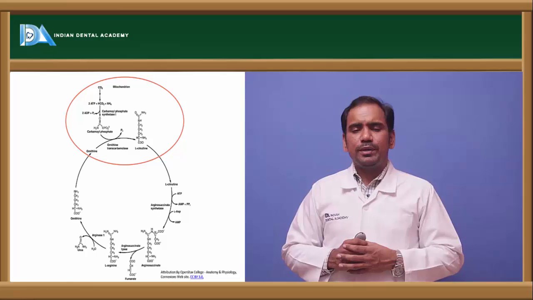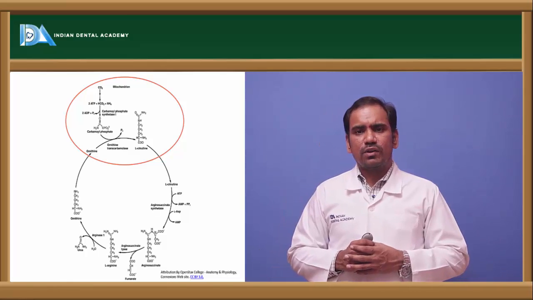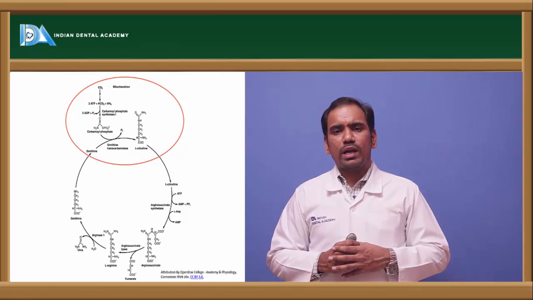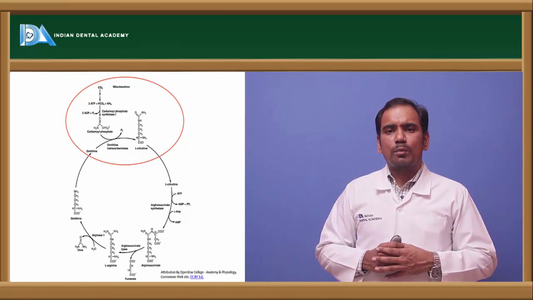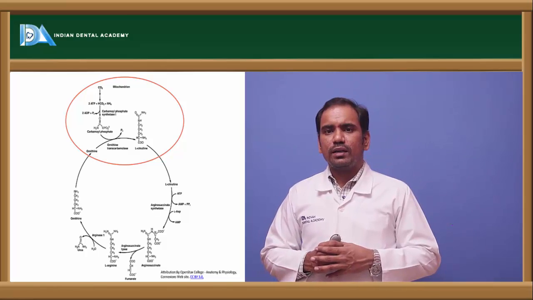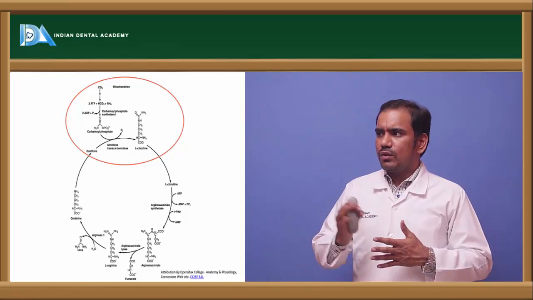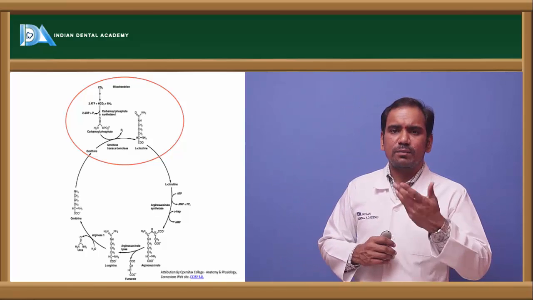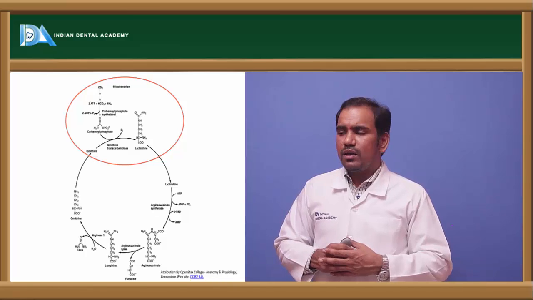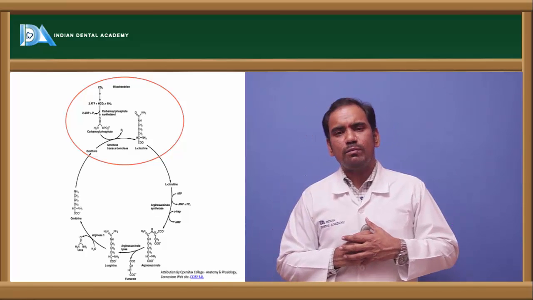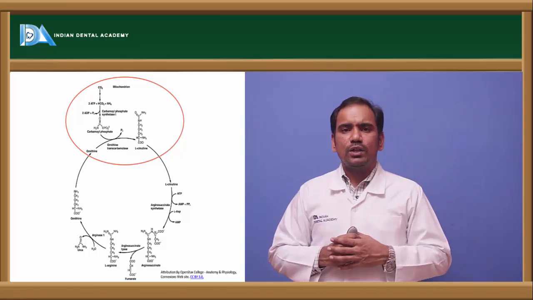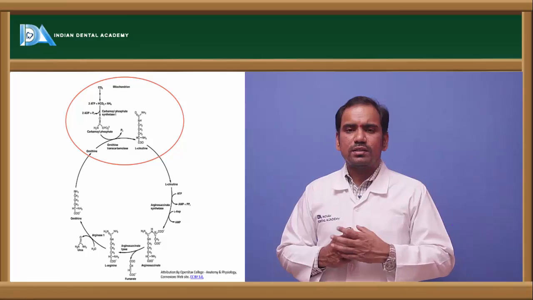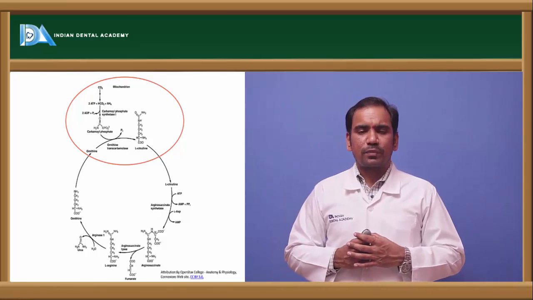This CPS1, as we call it in short, catalyzes the condensation of carbon dioxide and ammonia, and that results in the formation of carbamoyl phosphate. This reaction requires energy supplied by ATP. So here we require 2 ATPs, which are hydrolyzed to 2 ADPs, resulting in the formation of carbamoyl phosphate by the action of the enzyme CPS1.